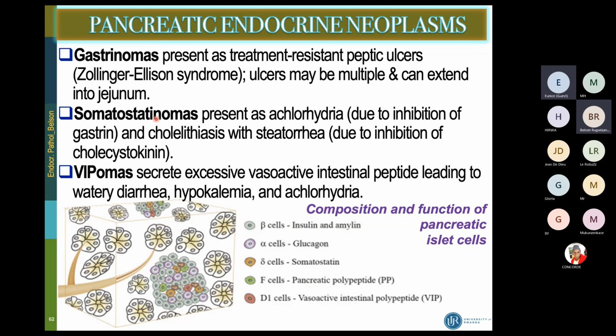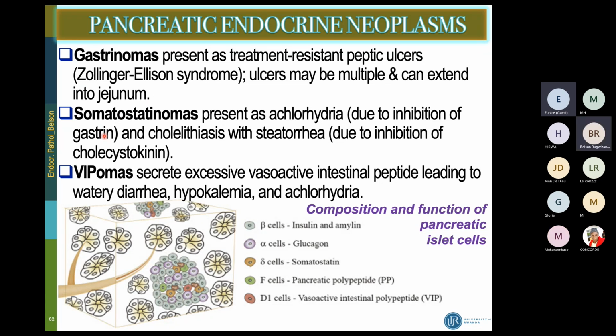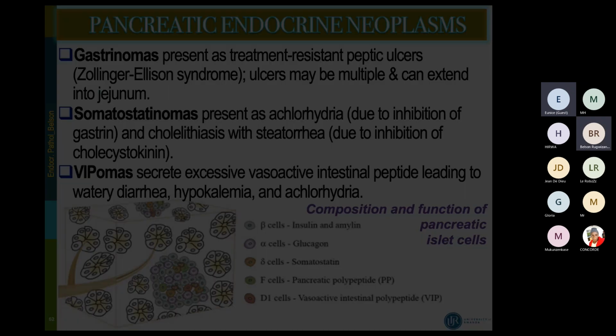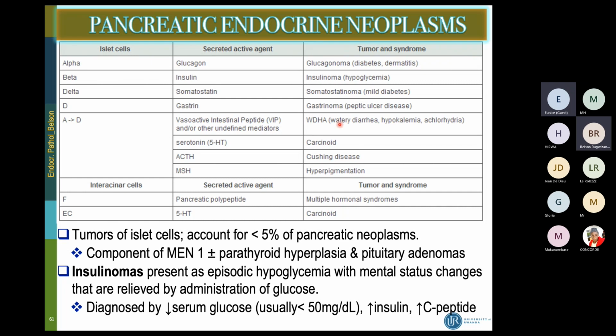Somatostatin decreases or inhibits the production of acid, so it is antagonistic to gastrin. They will also have cholelithiasis with steatorrhea due to inhibition of cholecystokinin. VIPoma, VI, you remember, is about the vasoactive intestinal peptide.